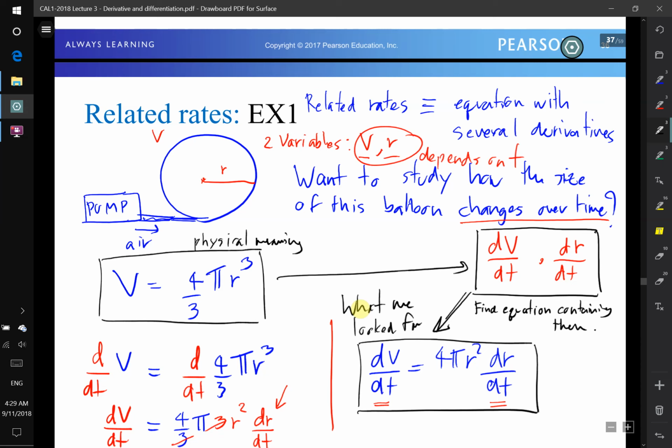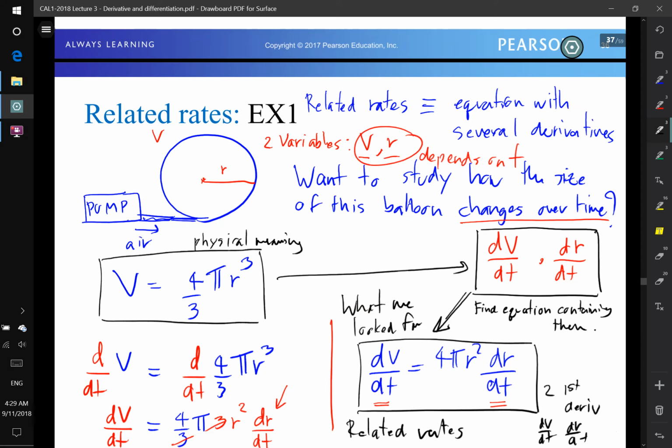So here we are looking at related rates, and we have the rate for the volume and the rate for r, and of course we have two first derivatives, dV by dt and dr by dt. Here we start from the physical meaning of volume, and in the end we find the related rates, and we are going to make use of this later.